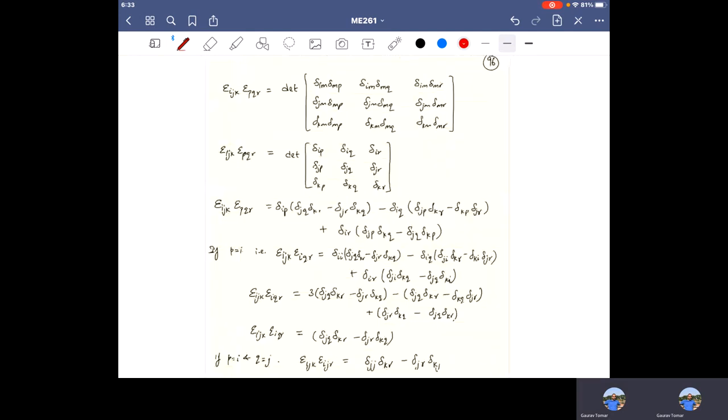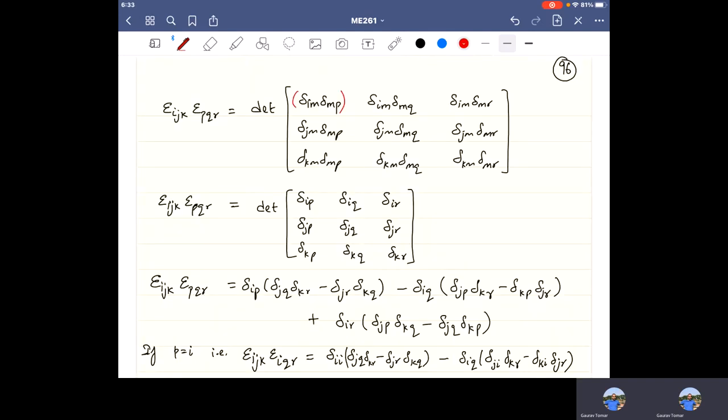Now, we know that delta MP will be non-zero only when M is equal to P. So you can transfer the index and write this summation as only delta IP, right?